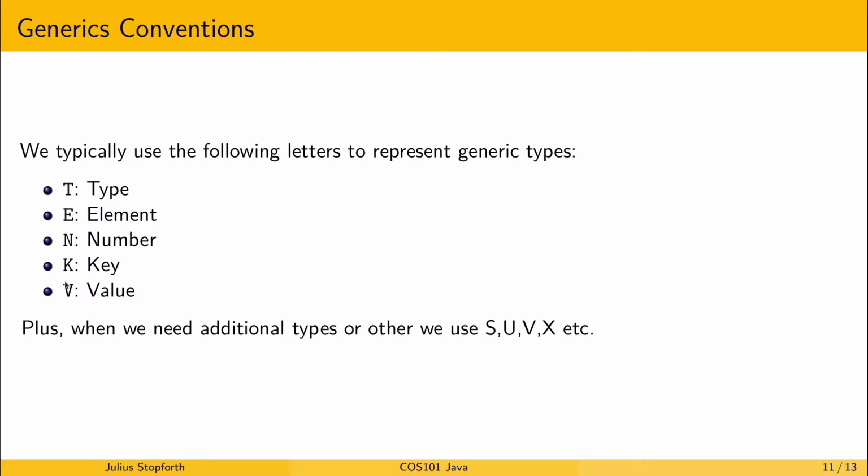And then K and V, key and value, is a bit like the idea of maps and dictionaries, where the key would be of a certain type and the values would be of a certain type. So a Python dictionary or a HashMap in Java, you would have the key and then the value.